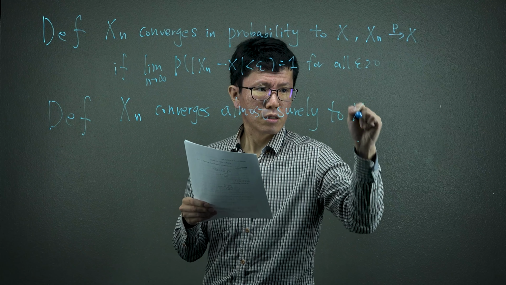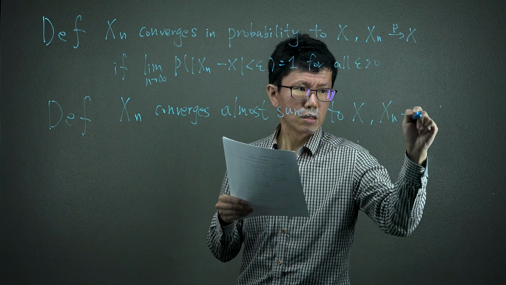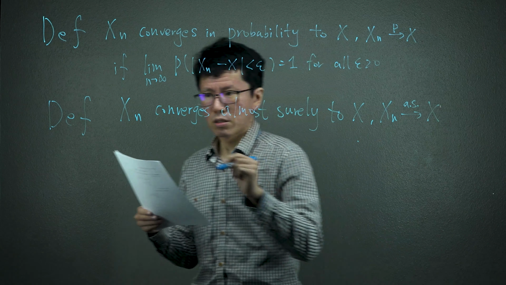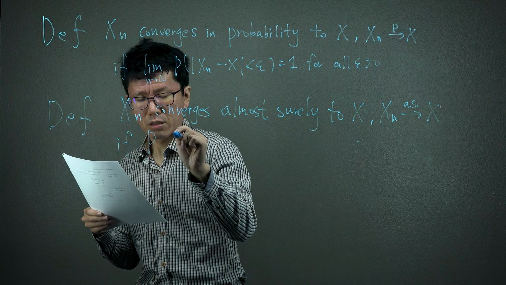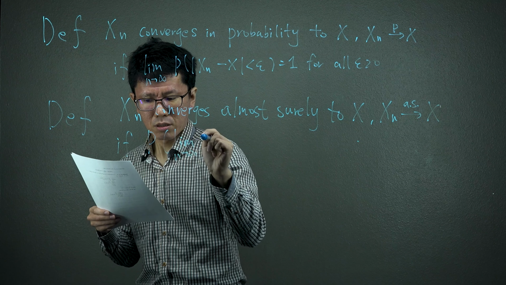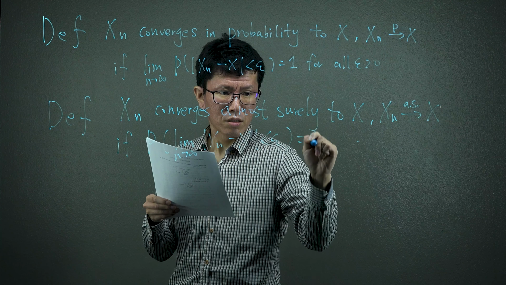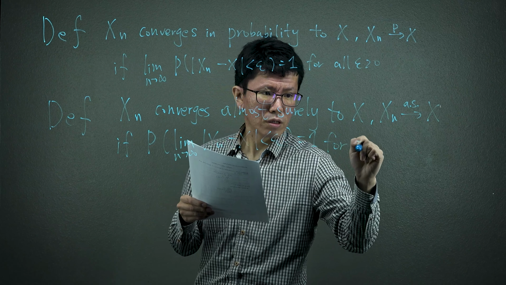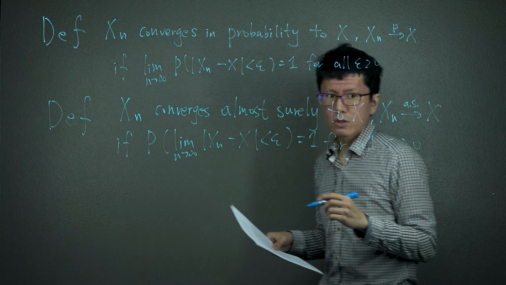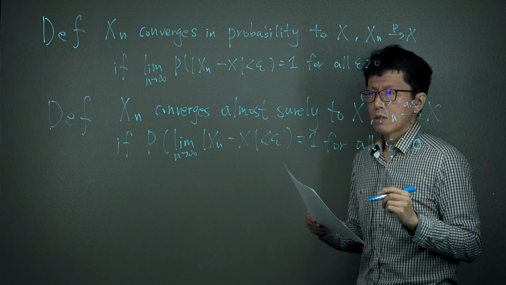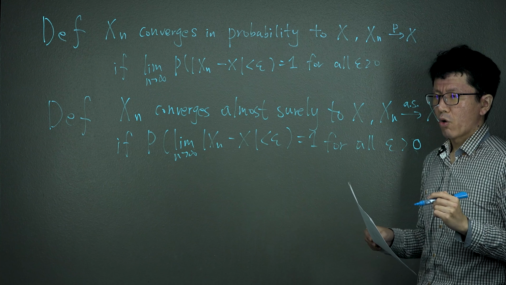So next definition. The second definition is almost sure convergence.